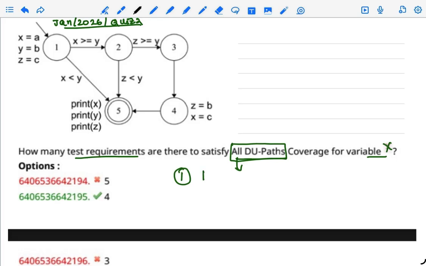The path must be def clear, that is, definition clear. Definition clear means there is no redefinition.